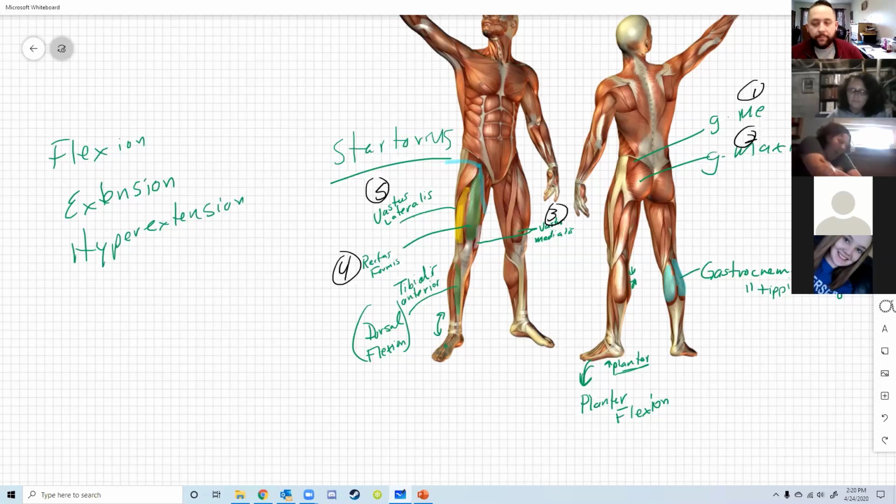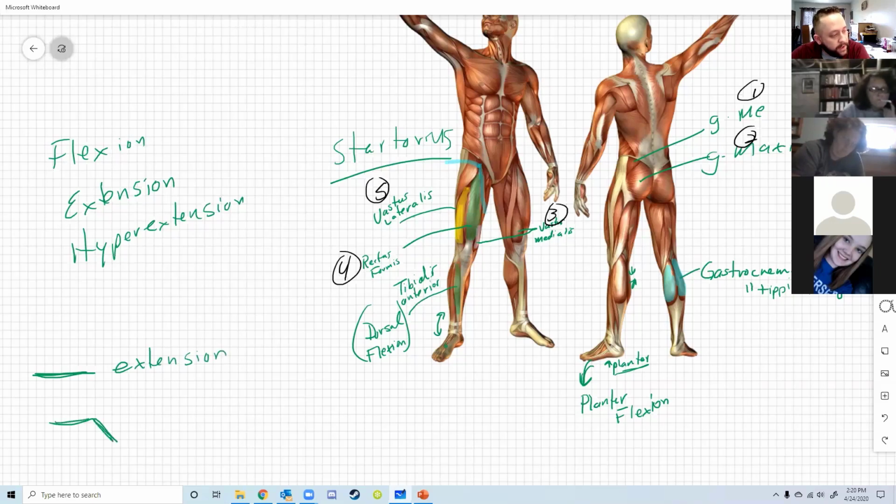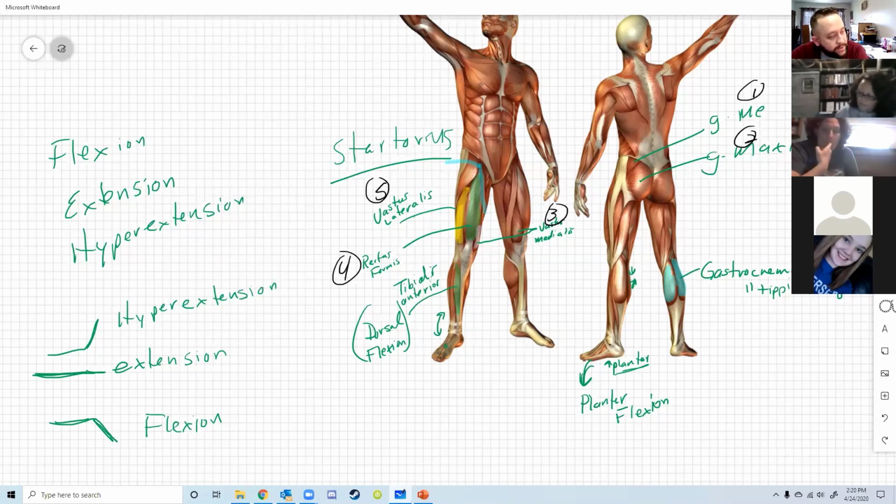So if this right here is extension in my wrist, because I can have my wrist bent down like that, that would be flexion. If I move it up where it's straight, that would be extension. And then if I took my wrist and did it this way, that would be hyperextension, because I'm going past the extension point. Same with your neck. If I just took that and turned it on its side, I could say the same thing for the neck.